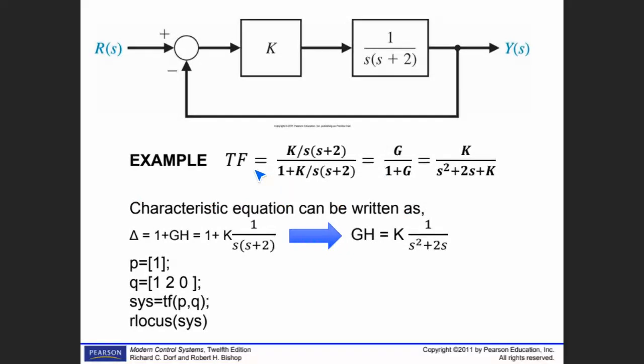Your transfer function is equal to G over 1 plus G, that means k over s plus 2, over 1 plus k over s plus 2, which is equal to k over s squared plus 2s plus k.